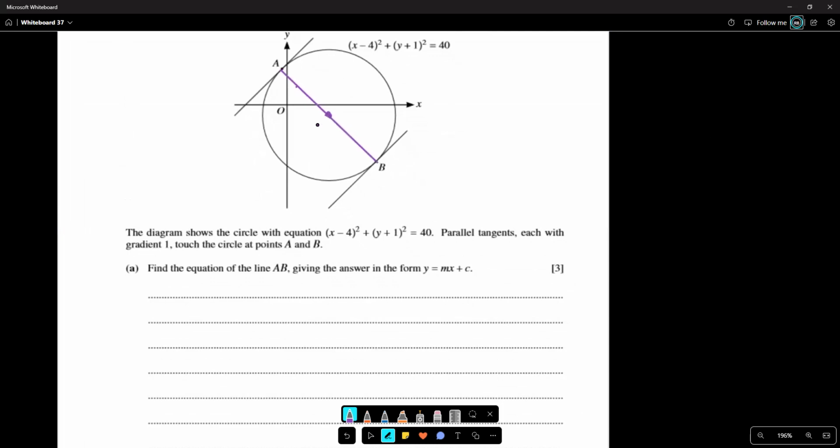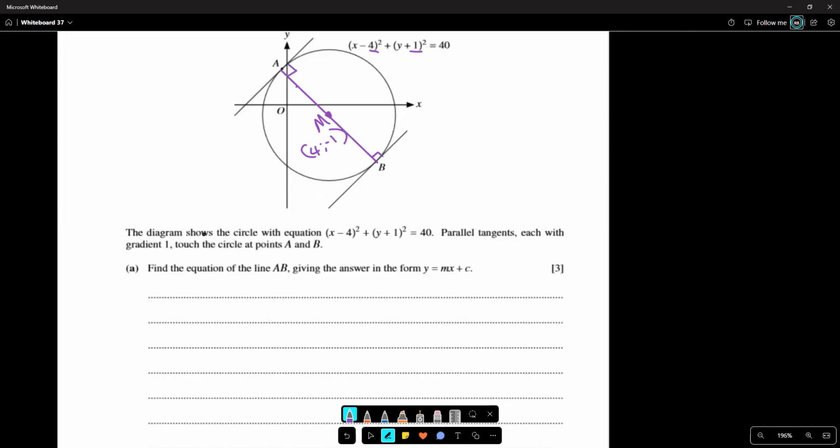I'm going to call the center M, né? Then I know that my center, by the look of things there, is basically (4, -1). And I know that the radius is perpendicular to the tangent, right? Yeah, radius perpendicular, tangent.